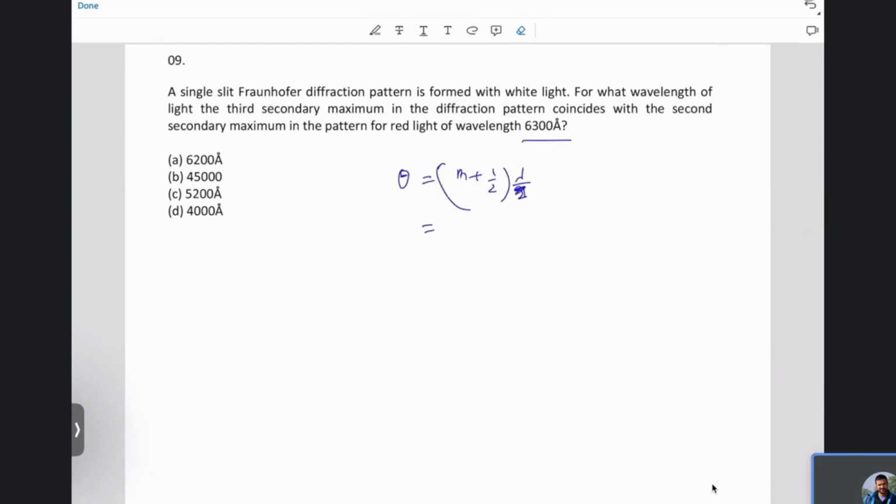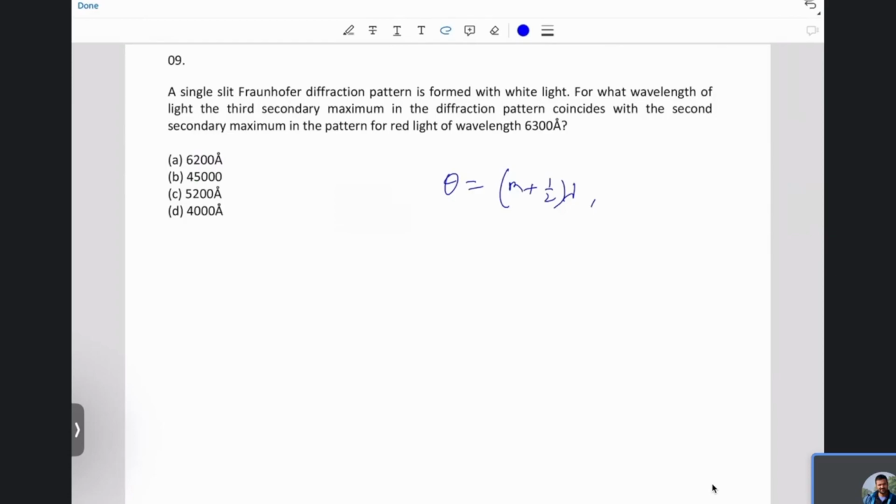Let me write it again. So the angular position of maxima is given like this, into lambda, okay? And here it's asking for the wavelength for which the third secondary maximum.